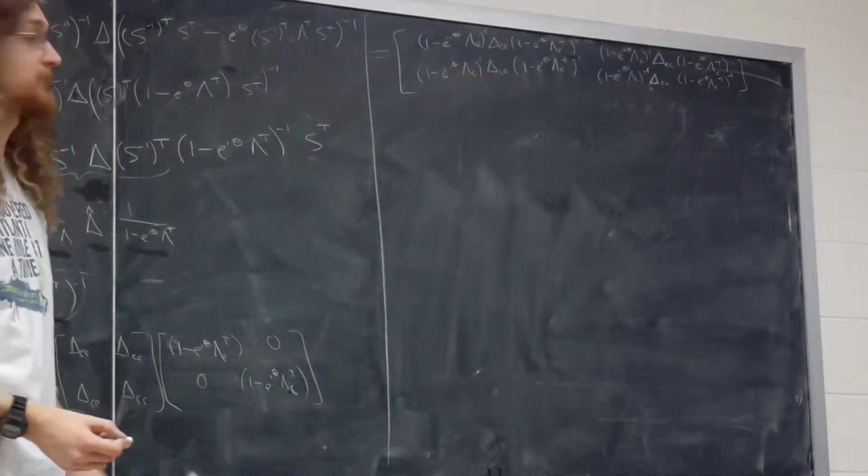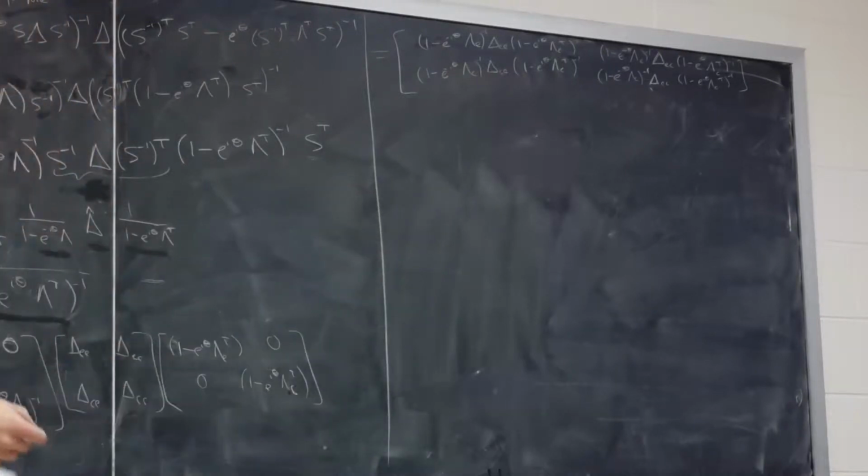There's our 2x2 matrix, just direct matrix multiplication. And we also want to integrate this from 0 to 2 pi, d theta over 2 pi.